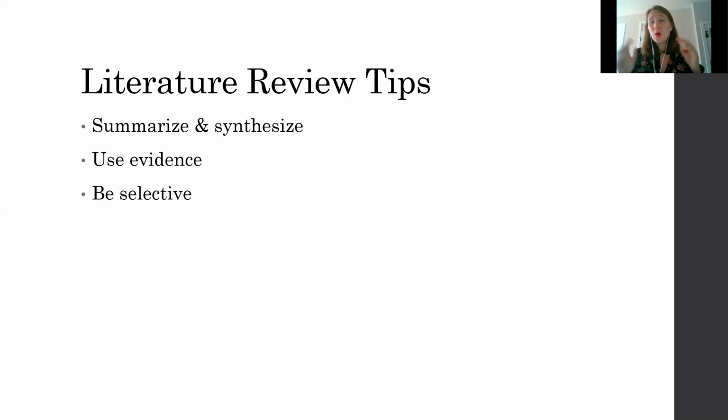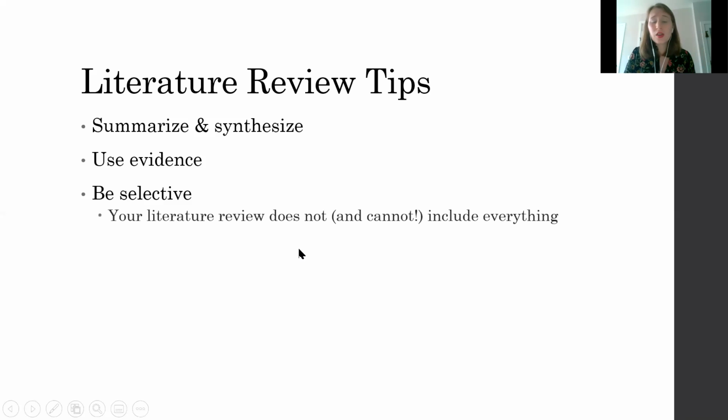Maybe you have an amazing 60-page paper from an author, but really there's only one idea in it that applies to your paper. You really cannot spend time summarizing all 60 pages, and it's better to be selective and choose that one key idea that's going to fit.